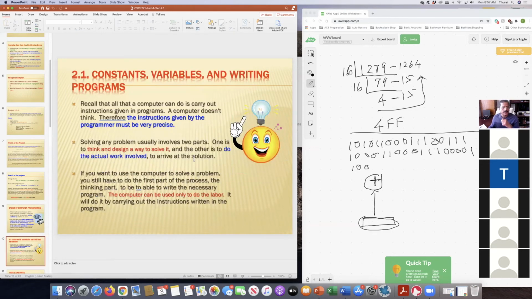Okay, so let's understand constants and variables and writing programs. So we need to understand the constants. Constants means basically the data, the numbers that we provide or characters we provide as data. They're called constants. You have to understand the details about these constants.